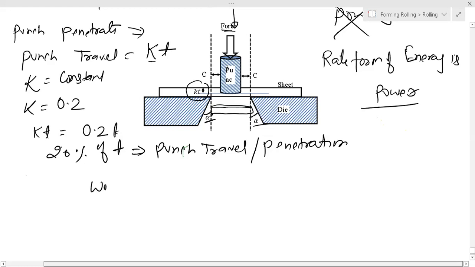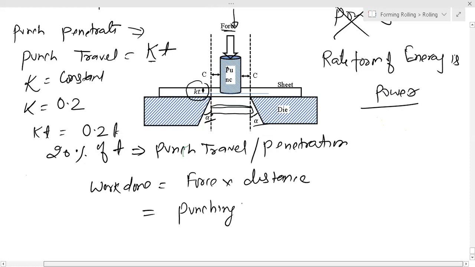So work done is equal to force into distance. So here it is actually punching force into punch travel or penetration.